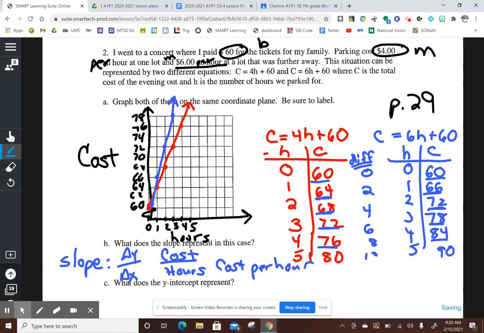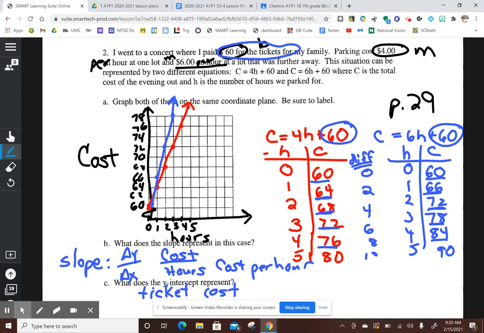And what does the y-intercept represent? Well, what does the 60 represent in both cases? The 60 is the ticket cost. So your y-intercept is always going to be a fixed cost, like your fixed starting cost, and the slope is going to be something per something.